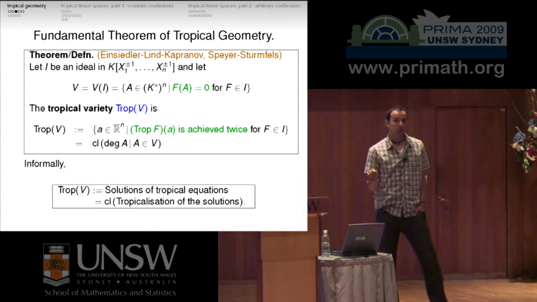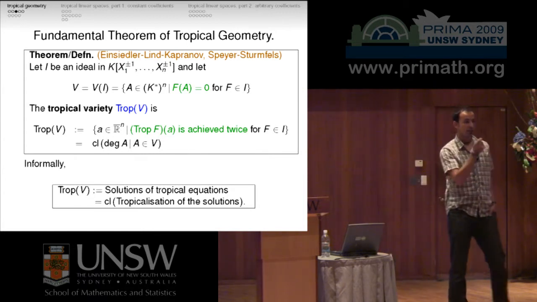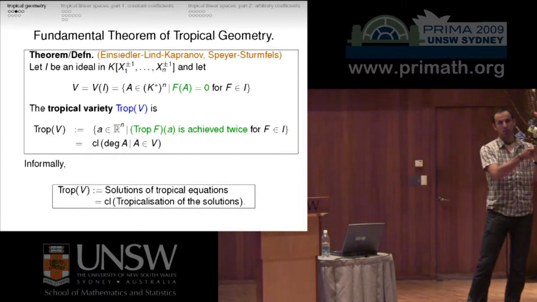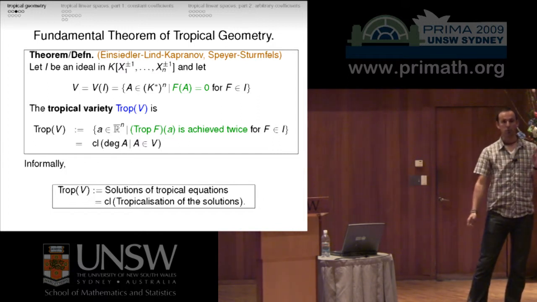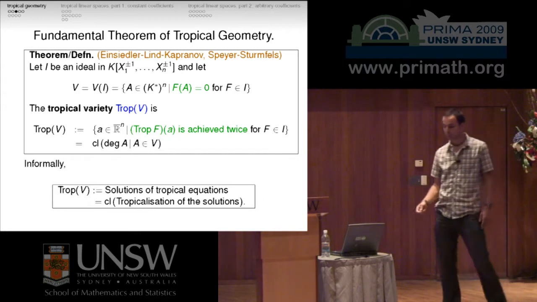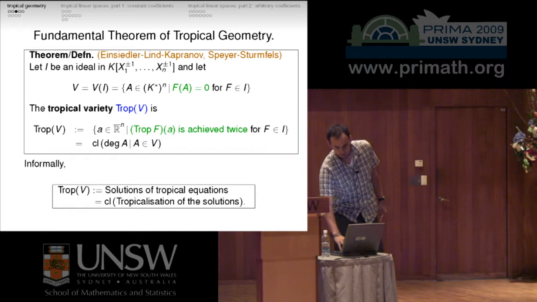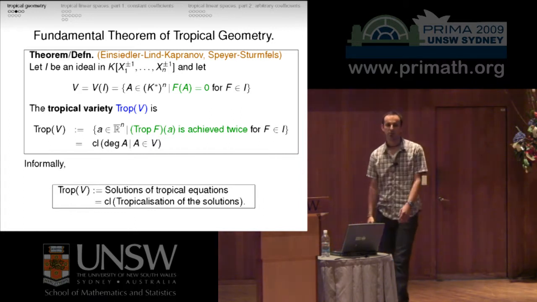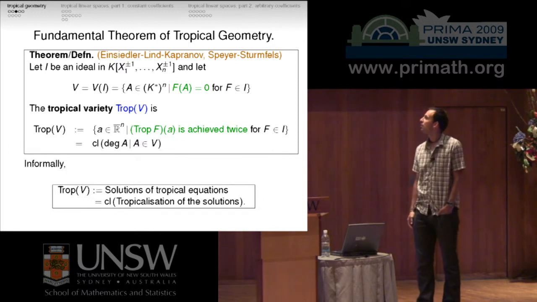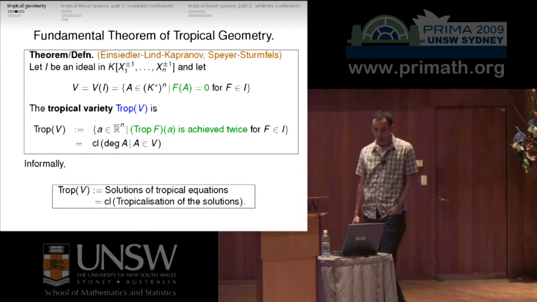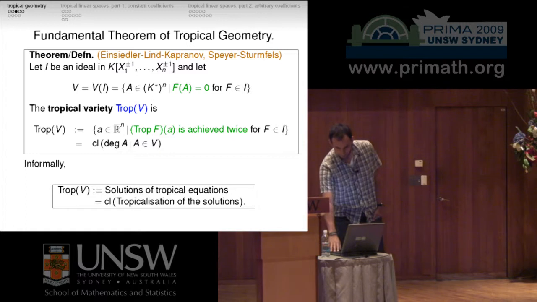But the other thing you could do is just go to the variety itself and take each one of the points in the variety and map it through the valuation. And that's the second alternative. If you just take the degree of all the points in your variety and you take the closure of that, then you get the same object. So this is the fundamental theorem of tropical geometry.